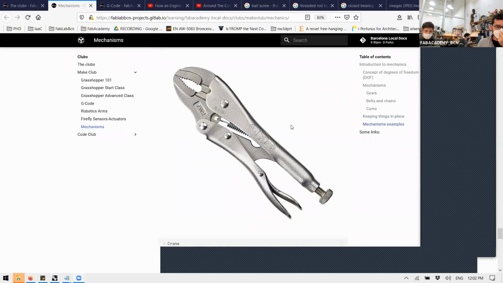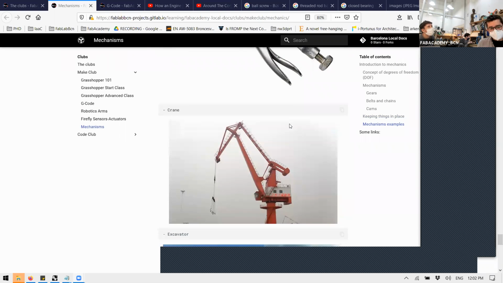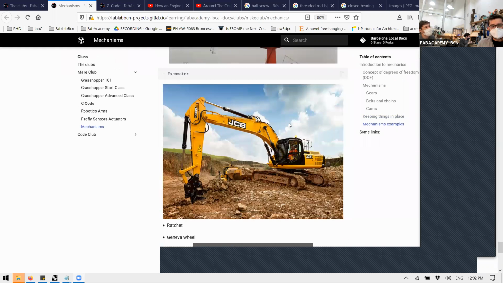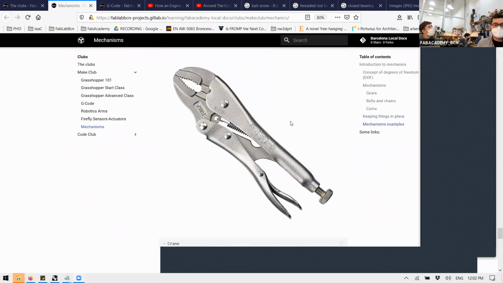Then we have mechanism, locking pliers. The first plier is the one that you use to change the gas bottle. Yeah, it reminds me of my childhood, we used to change the gas ovens.